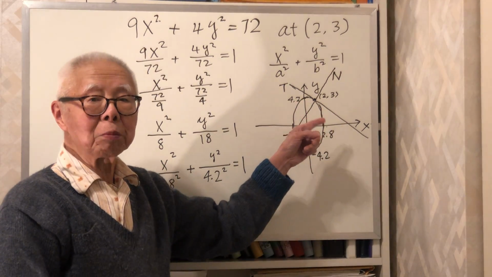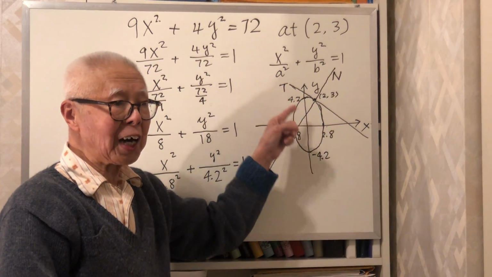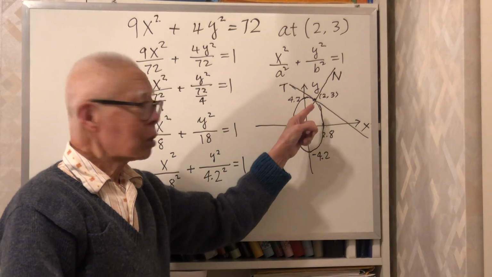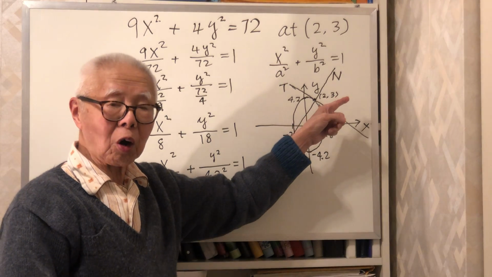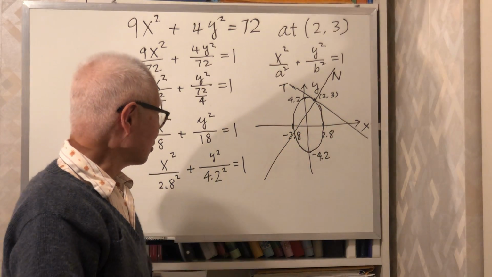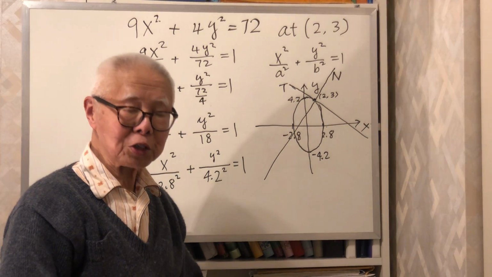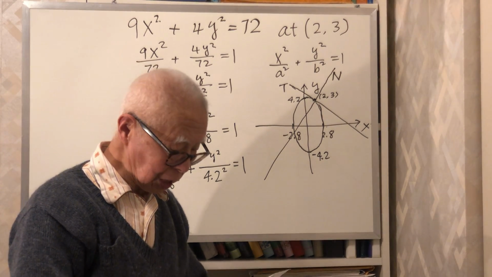So through the given point 2, 3, you draw a tangent line, and through the same point, you draw a normal line. So this is what the situation is for this example.